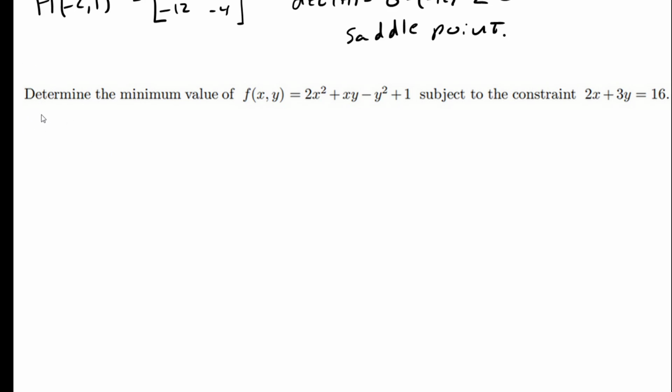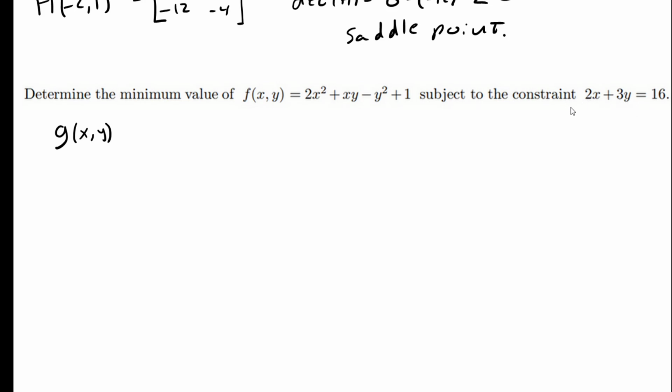Okay, so the way we do this is we compute the gradient of f. Actually, first let me say that we're going to have g of x y. We're going to look at the constraint and make sure that it describes a level set.